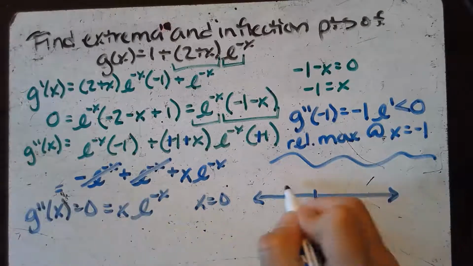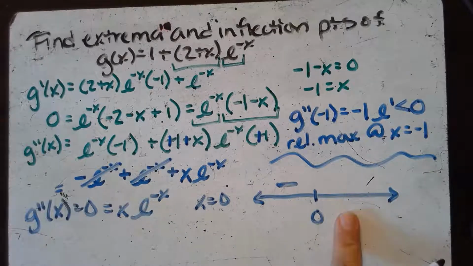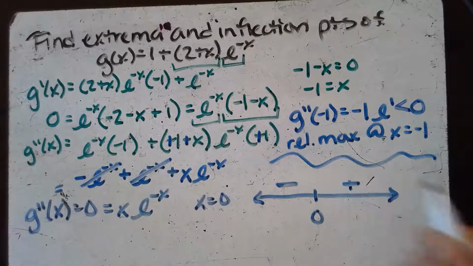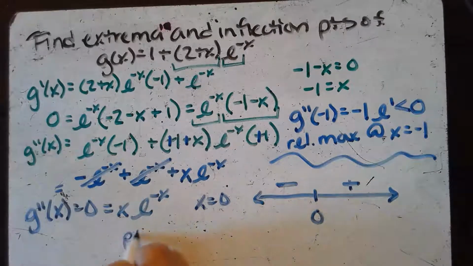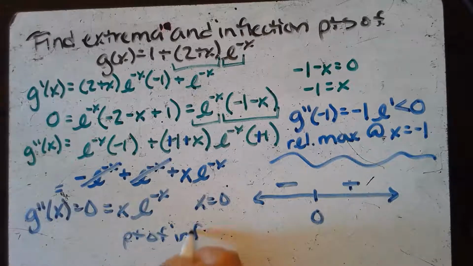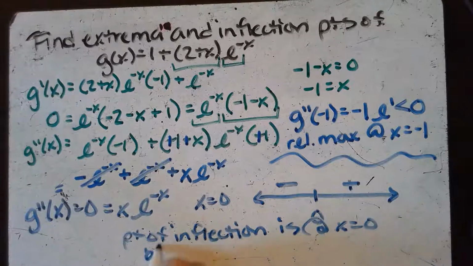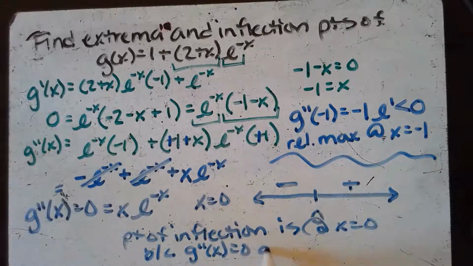So if I plug in any negative number, that's negative. If I plug in any positive number into the second derivative, it's positive. So the point of inflection is at x equals 0 because g double prime of x equals 0 and change of concavity.